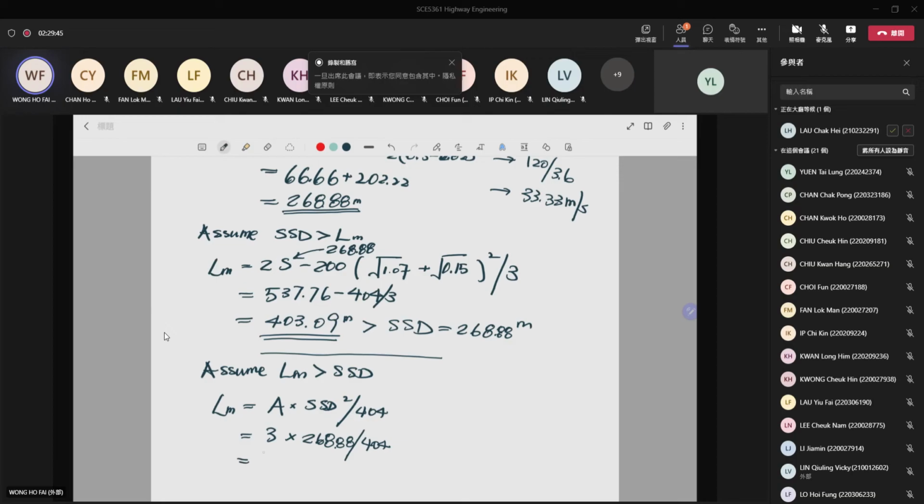Then you have LM is equal to 536.9 meter. This one is larger than your SSD, which is equal to 268.88 meter. Then it can satisfy your requirement.